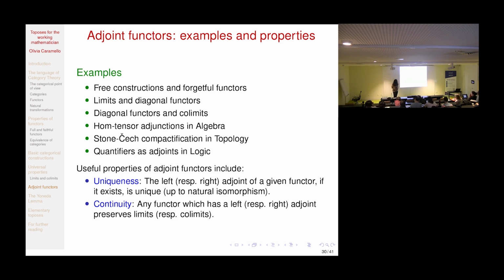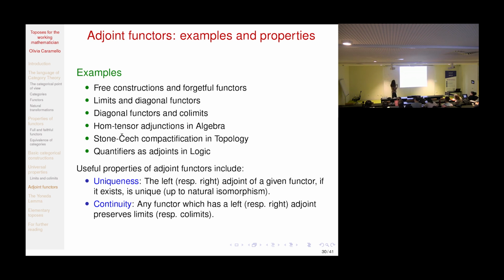Okay, very good. Another interesting example of an adjunction is the Stone-Čech compactification in topology. So you can show that if you embed compact Hausdorff spaces into topological spaces, actually the Stone-Čech compactification gives a left adjoint to this inclusion.